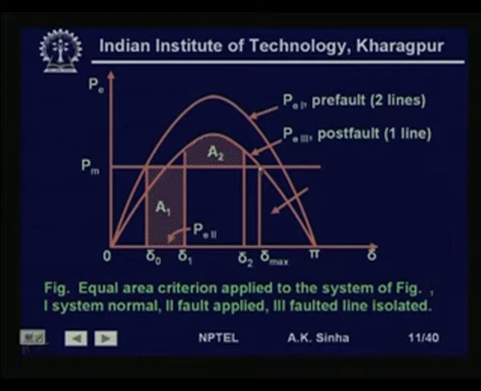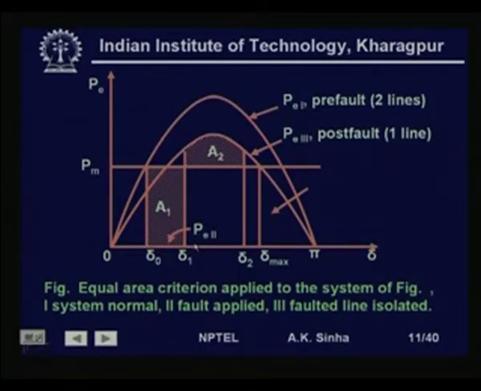That is, if this area becomes equal to the area here, then we will have a critical stability, and that angle at which we have cleared this, where this A 1 is equal to the maximum decelerating area available, will be called the critical clearing angle for this situation.